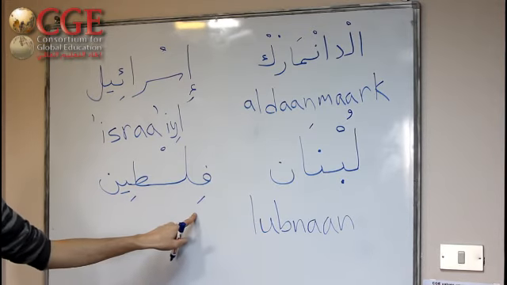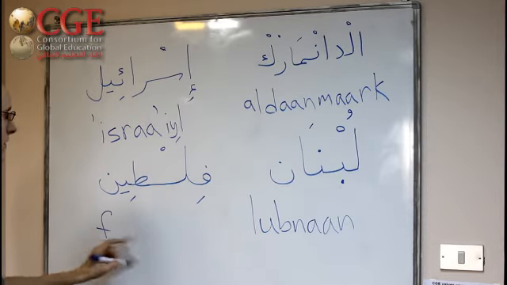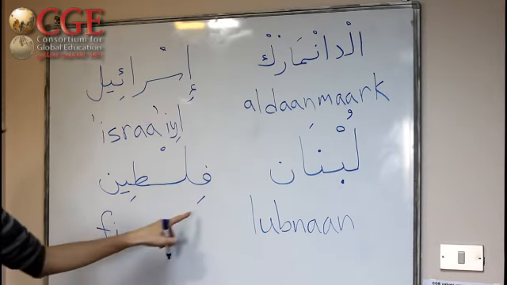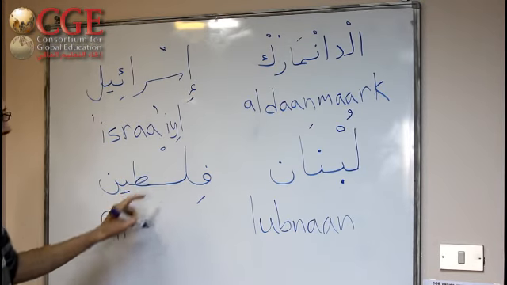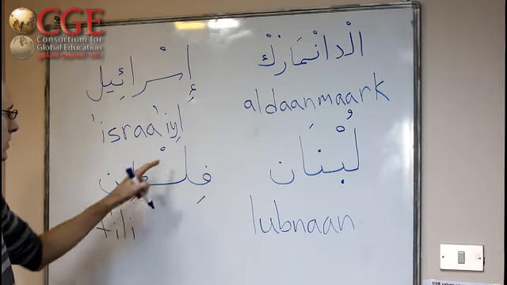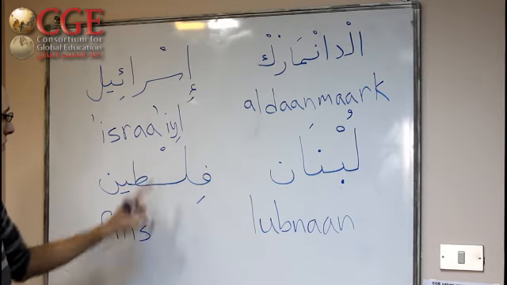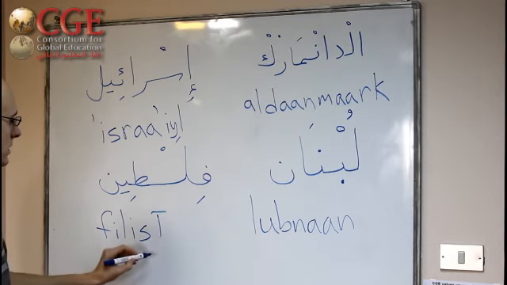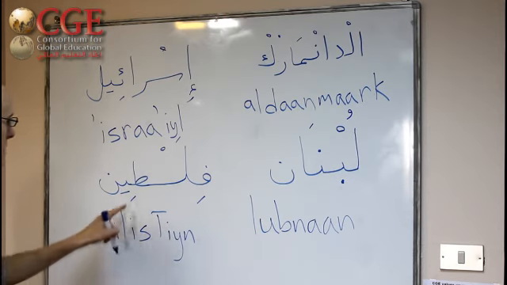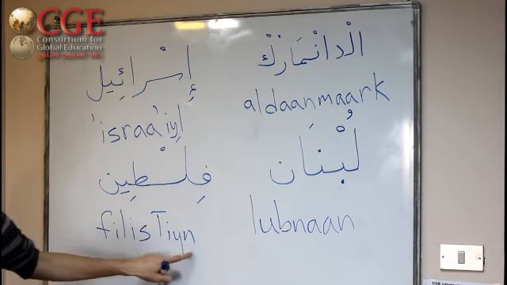And its neighbor, we have an F, followed by an I, L, another I, or you can put I or A, I'm not sure, S with no vowel after it, then an emphatic T, or velar T, ending with an N. So Palestine.